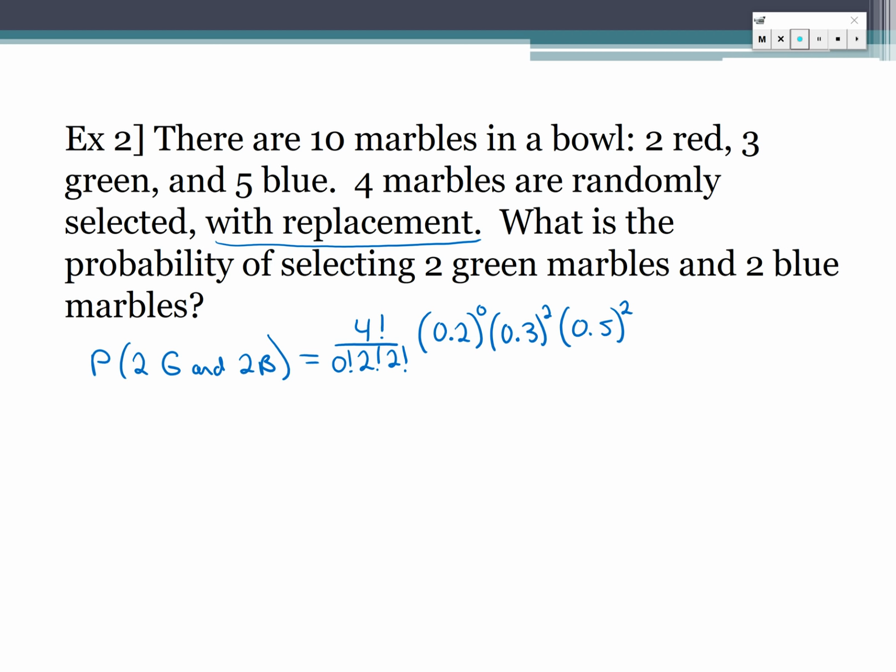We do a little computation. The fraction would be 27/200, decimal 0.135. So again, that's the multinomial distribution. You have more than 2 outcomes, but remember those trials are still independent of each other.